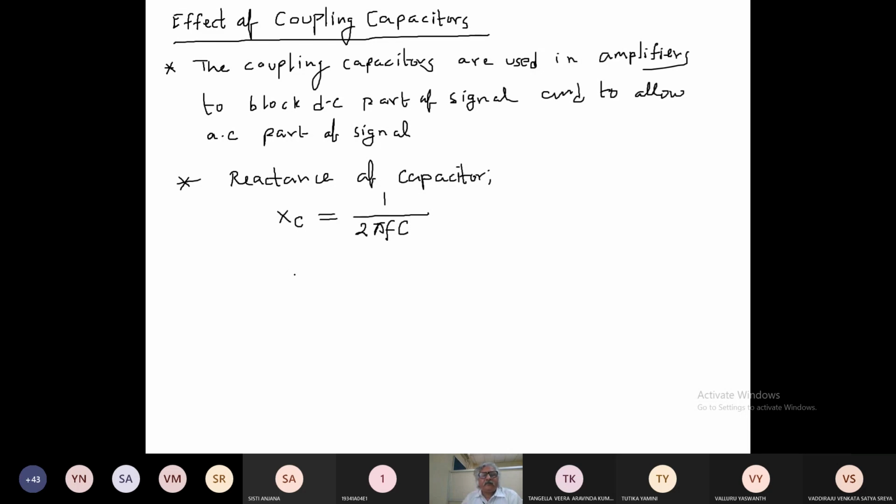So Xc is inversely proportional to frequency.